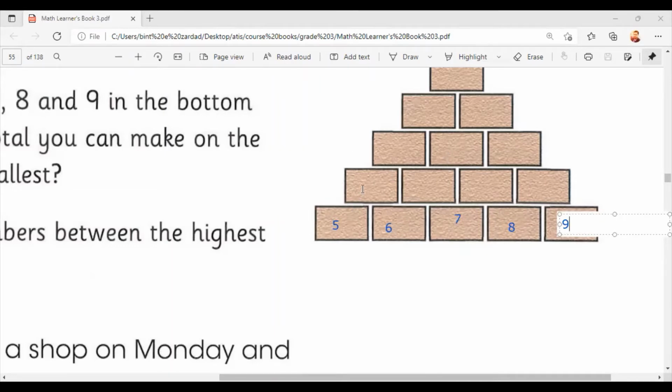So 5 plus 6, 6 plus 5. 5 fingers need to open every time. 6 plus 5 equals 11. 6 plus 7, 13. 7 plus 8, 15.